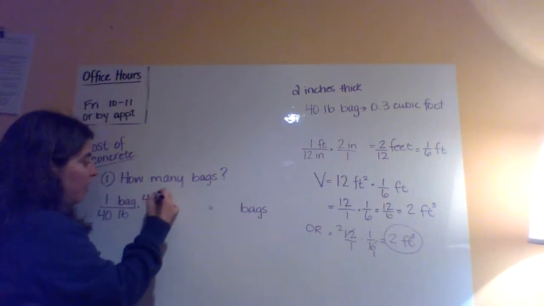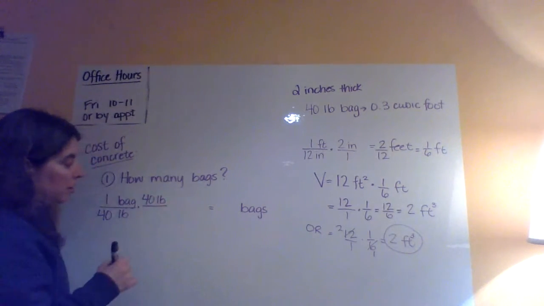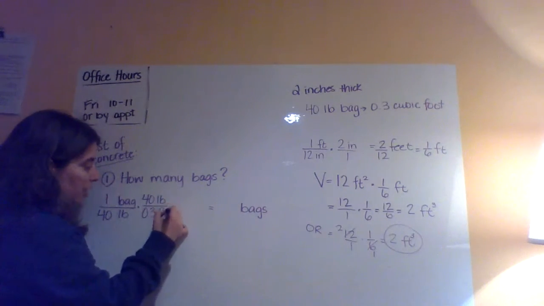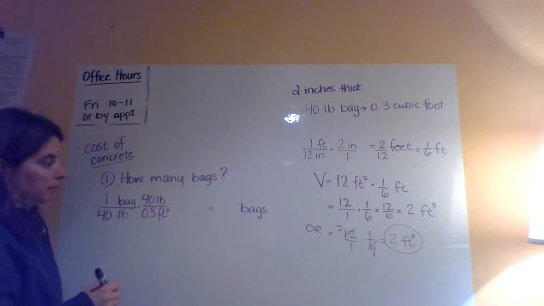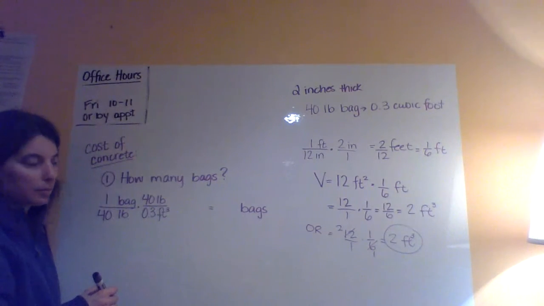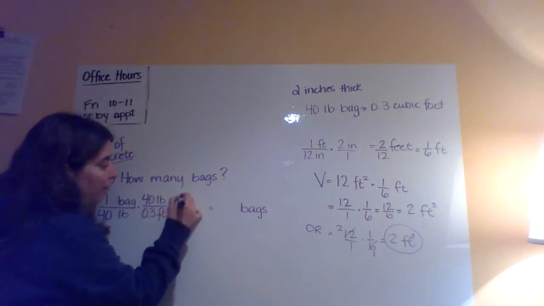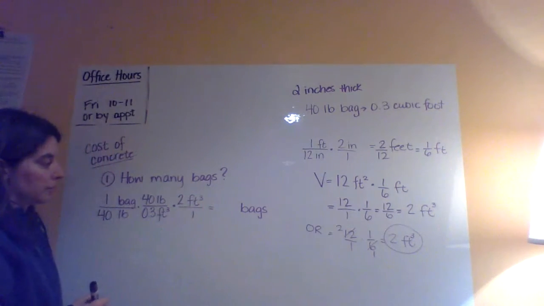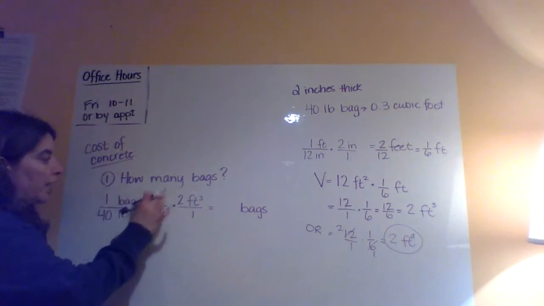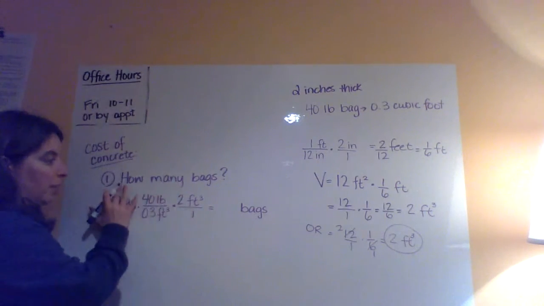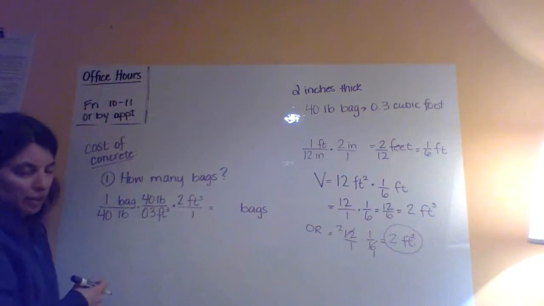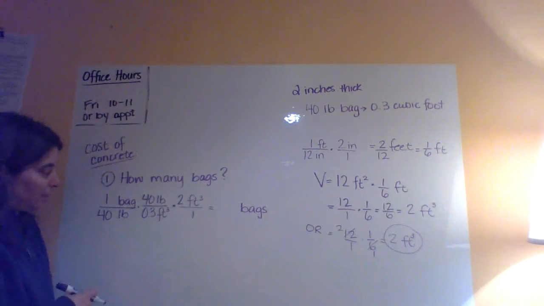And 40 pounds will cover 3/10 of a cubic foot. And I have 2 cubic feet. You may also have just said a 40-pound bag is this, and there are my bags, okay? Or 1 bag covers 3/10 of a cubic foot. There's a couple different ways to set this up.